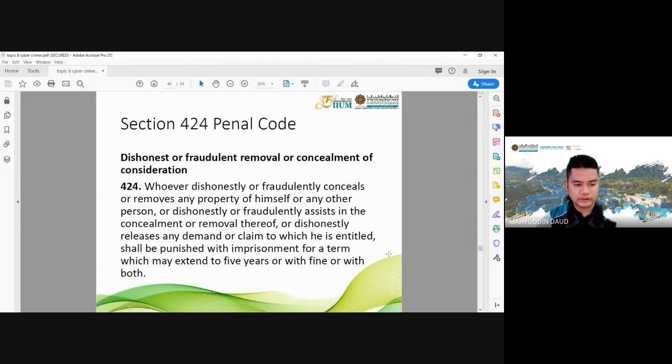So 424 reads, whoever dishonestly or fraudulently conceals or removes any property of himself or any other person, or dishonestly or fraudulently assists in the concealment or removal thereof, or dishonestly releases any demand or claim to which he is entitled, shall be punished, blah blah blah. Maknanya not just concealing or fraudulently removing any property, but if he assists in doing so, then it can also be an offense under this provision.